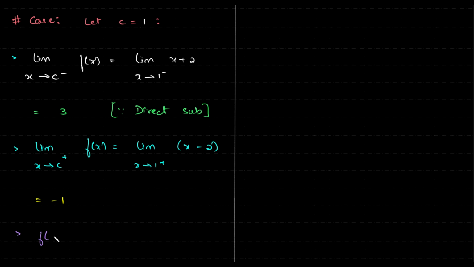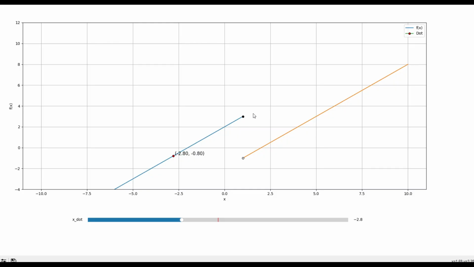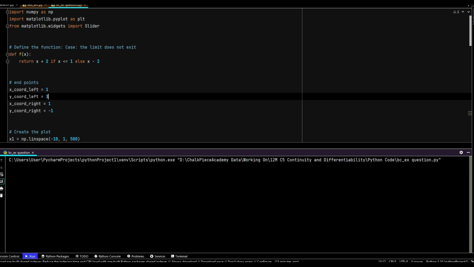And finally, f of 1. So that would be at 1. At 1, as you can see, there's a dot over there which is of the expression x plus 2 for x less than or equal to 1.